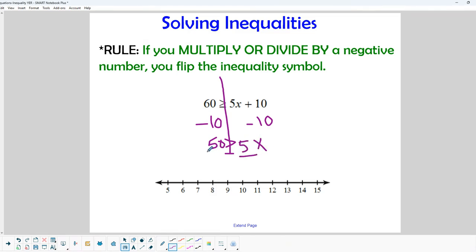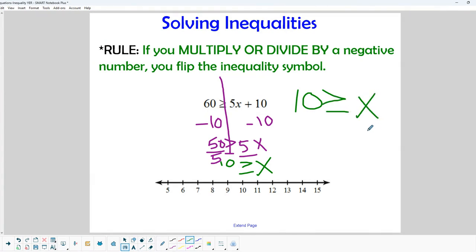Then we're going to divide by 5. And 50 divided by 5 is 10, and that's greater than or equal to x. So let me move it over here where it's a little easier to see. We got a solution of 10 is greater than or equal to x.